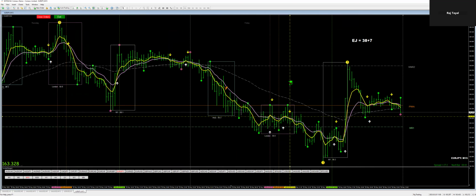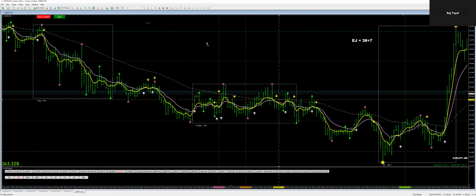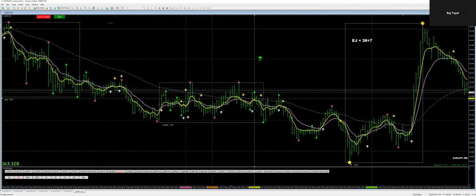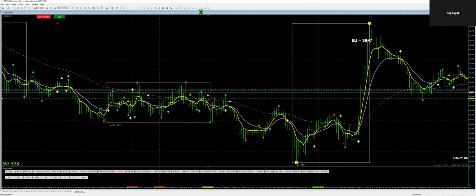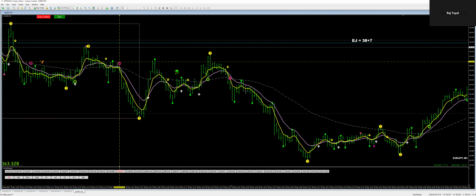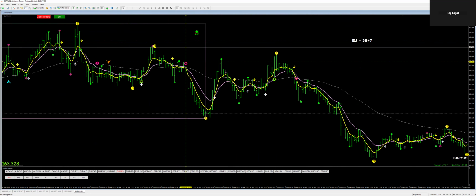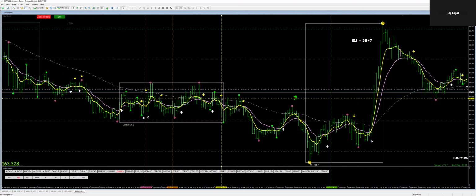15 gives us fresh cross here. 5. 5 provides a fresh cross here. And let's look at the 1. And it's going to be a 5-minute entry. So there's the entry.